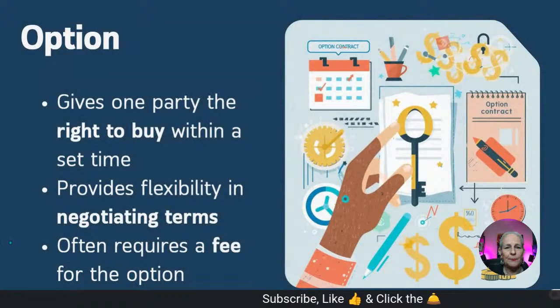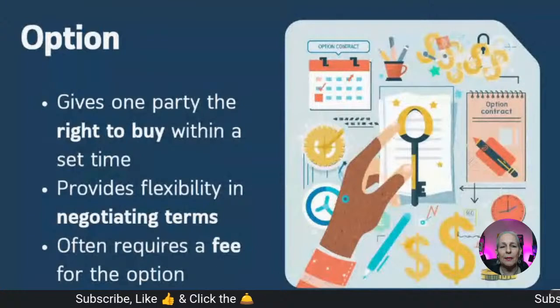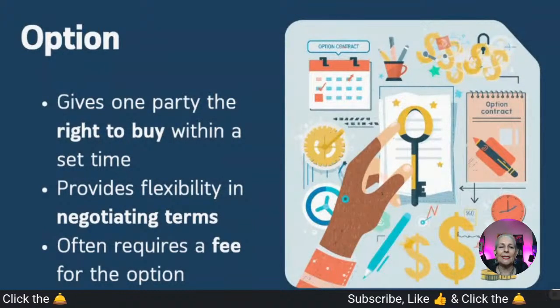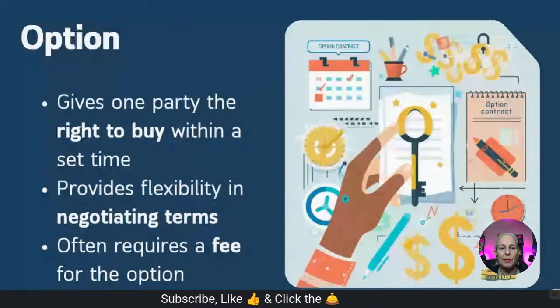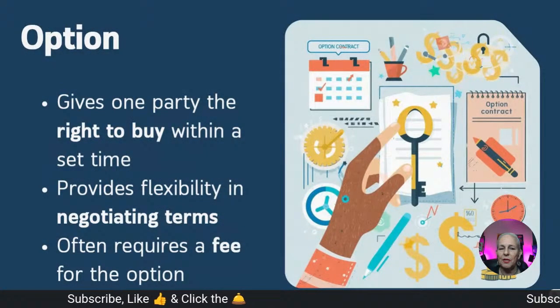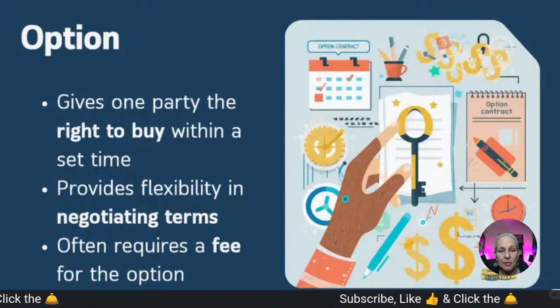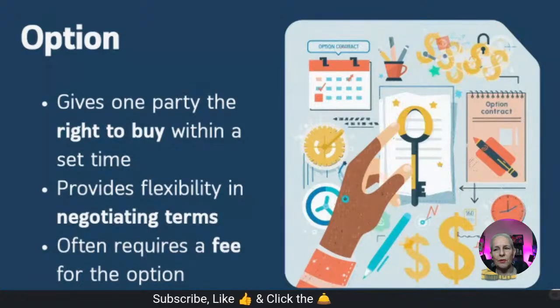So an option, what is an option? It gives one party the right to buy within a set time. It provides flexibility in negotiating terms and often requires a fee for the option. So in the contract, in the 1 to 4 resale residential contract, there's a section after the earnest money.